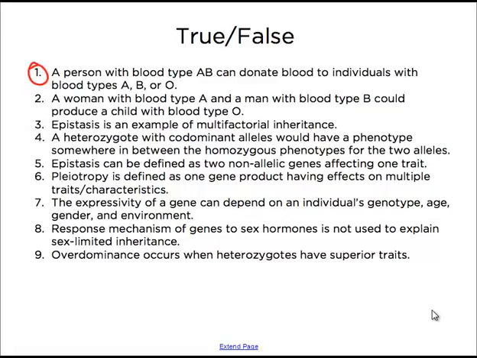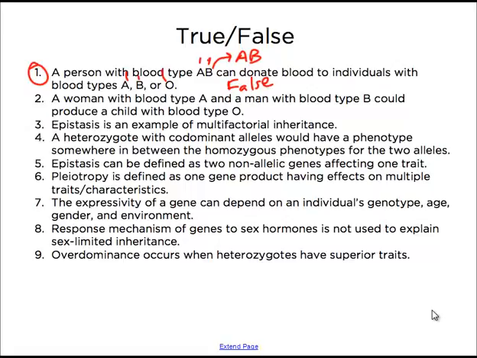AB basically is the universal receiver, but AB individuals can only donate blood to other ABs. The reason is because the B antigens and the A antigens on red blood cells will cause a reaction in any of these other types. So O negative, you may know, or O is generally the universal donor, but the way this question is phrased, it's definitely false.